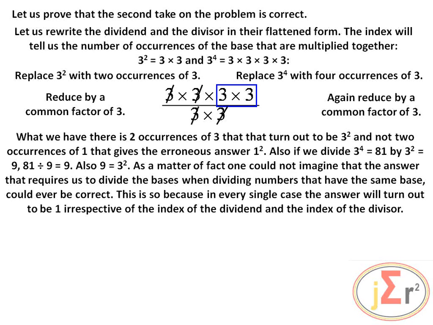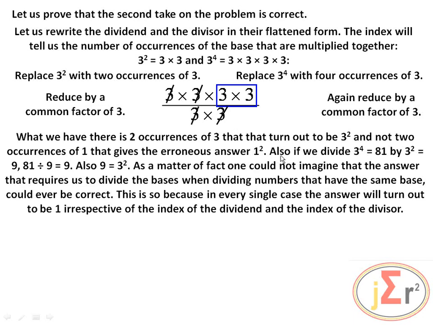That gives the erroneous answer 1 squared. So what we have right here is 2 occurrences of 3, which is 3 times 3, 9, or we may say 3 squared, which is equal to 9. And we have that instead of the incorrect answer, 1 squared.